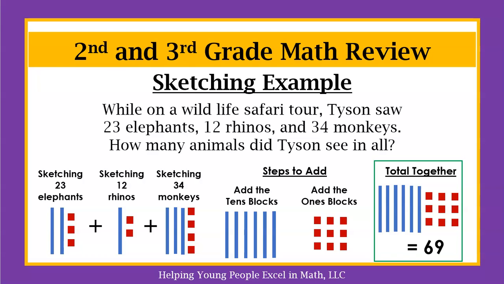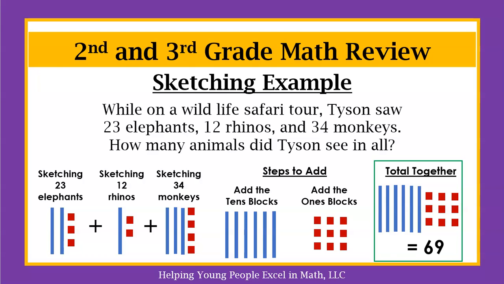Our steps to add will be first adding all of our tens blocks together. We have 1, 2, 3, 4, 5, 6. We have 6 tens blocks in total. Now let's add our ones blocks together. 1, 2, 3, 4, 5, 6, 7, 8, 9.